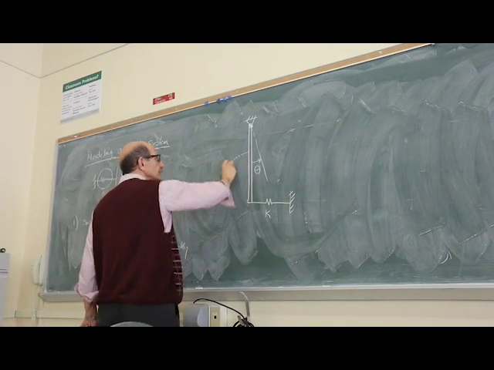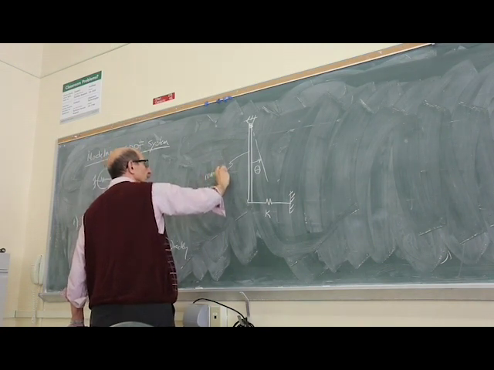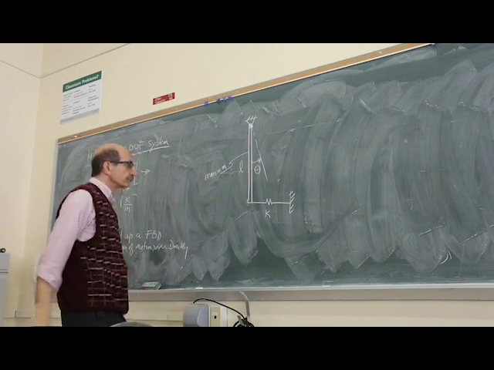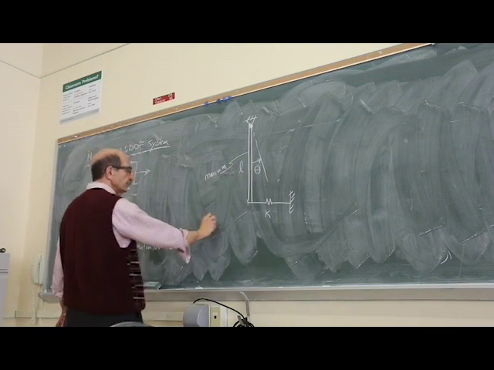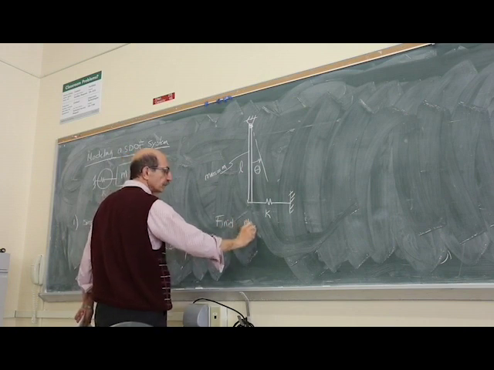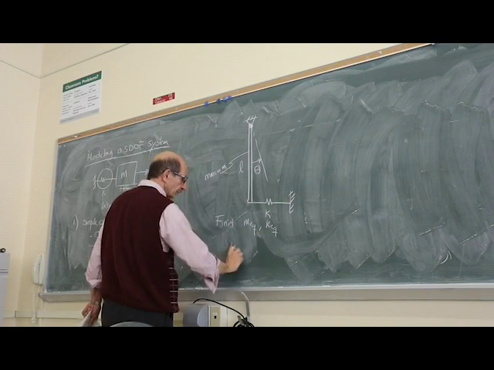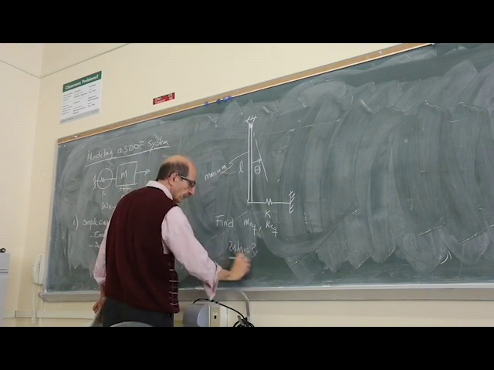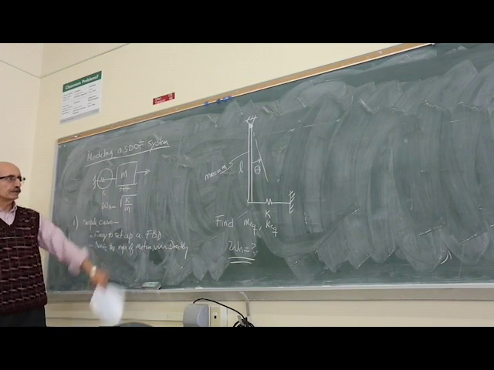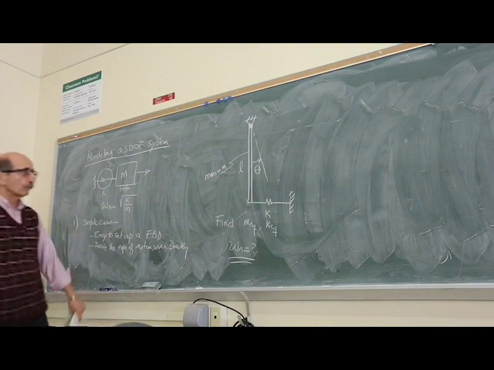Let's say the mass of this bar is given. Mass is M. Length is given. And you want to find the equivalent mass, the equivalent stiffness, and let's say find the natural frequency. So this is one of those straightforward cases that you can apply this approach.